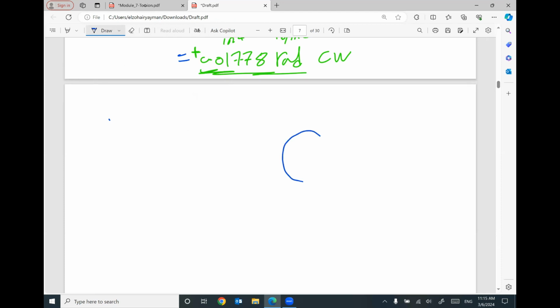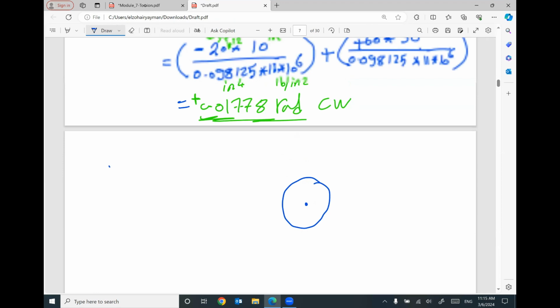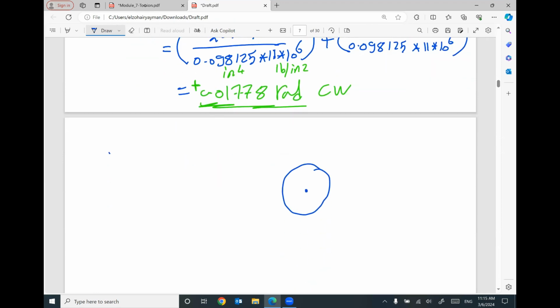Since the two gears, the one at E is connected to the one at F, so this one is connected to a shaft and this one is connected to another shaft.